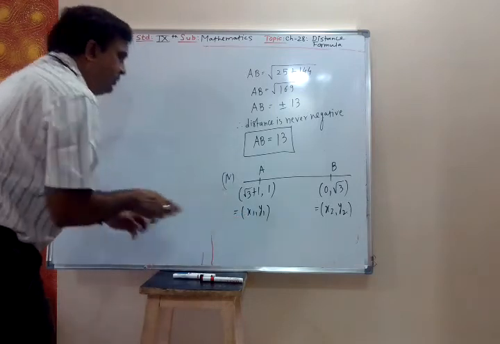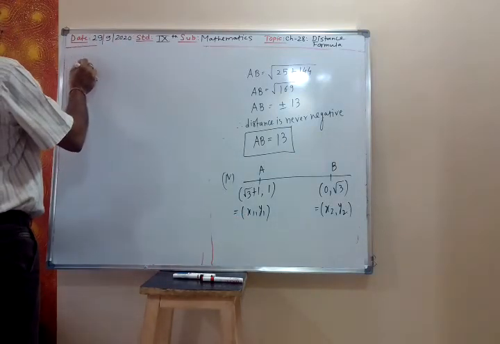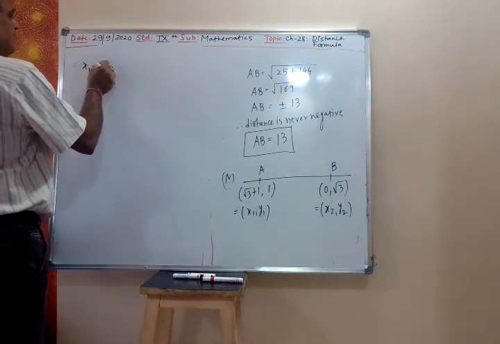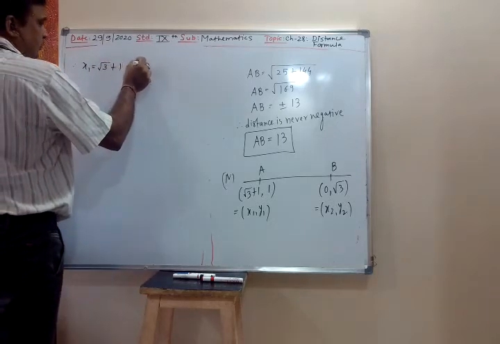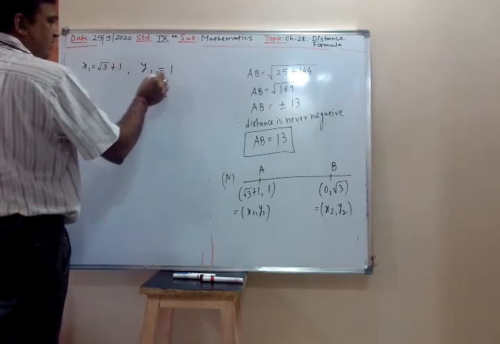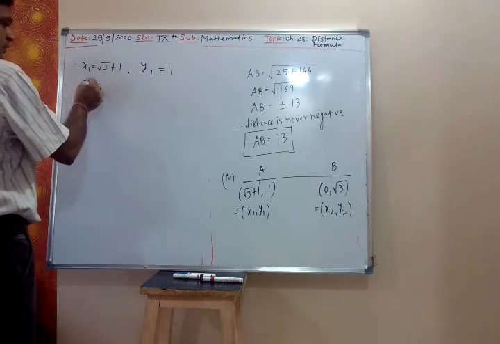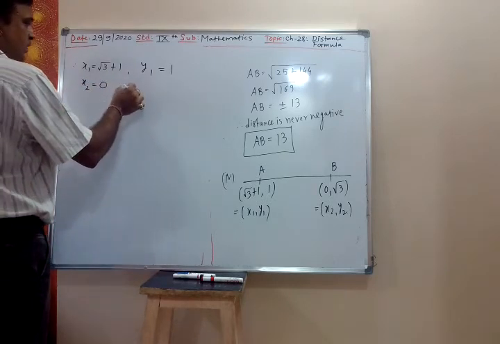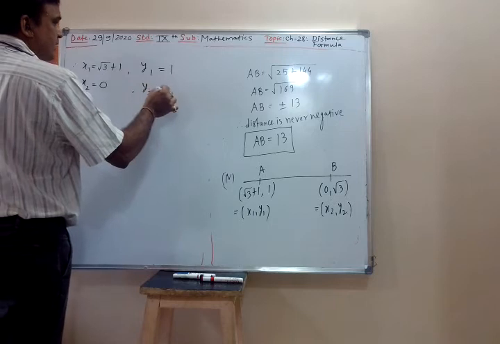So x1 is root 3 plus 1, y1 is 1, x2 is 0 and y2 is root 3.